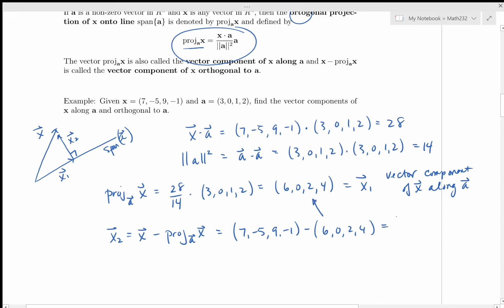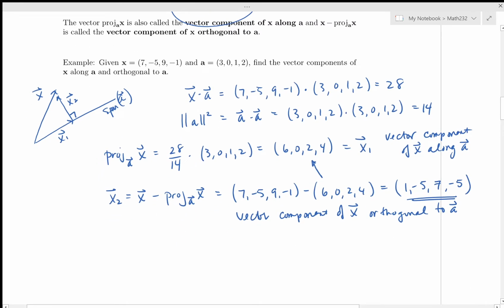And then when I do that subtraction, I get this: (1, -5, 7, -5). That's x2. So this guy here, that is the vector component of x orthogonal to A.